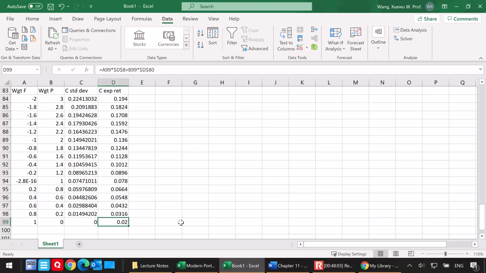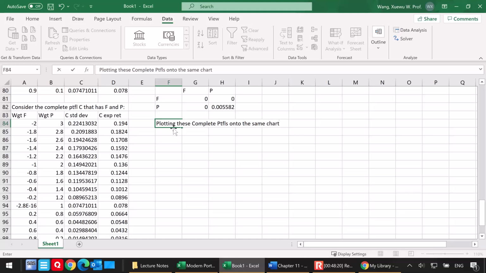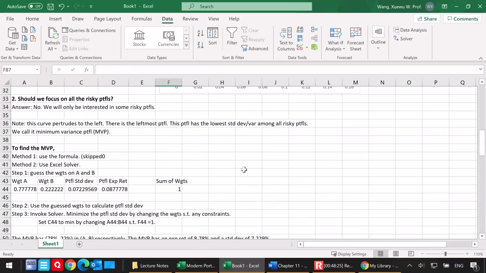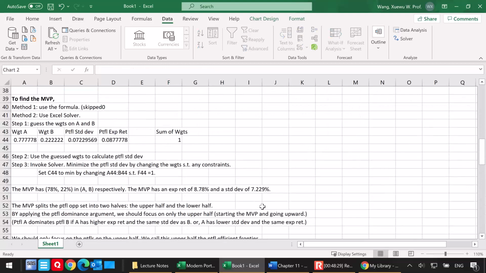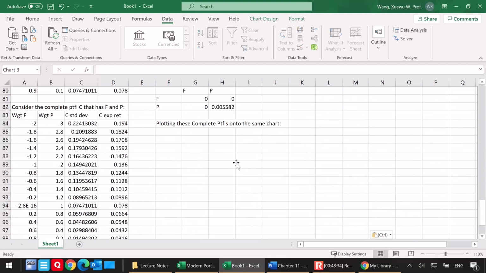All right, so now I can actually look at plotting these complete portfolios onto the same chart we had earlier. So I'm going to copy this chart down here, and I'm going to do another plot here.